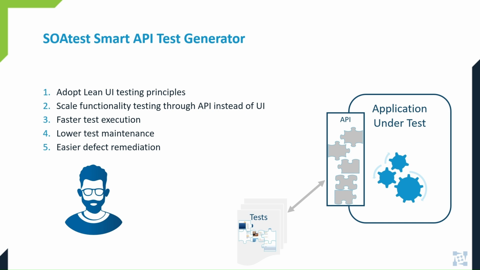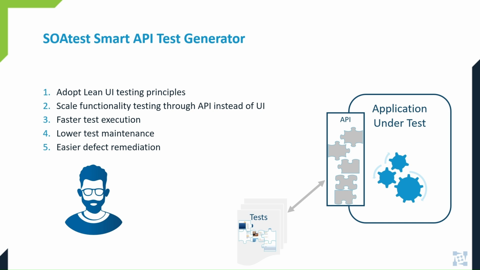Thanks for that breakdown, Ramiro. Now, this has a number of benefits when you think about how slow UI testing can be, both from an execution standpoint and diagnosing failure standpoint. By adopting what we call a lean UI testing practice, where business workflows can be tested at the API layer, you're ensuring that your test strategy is going to scale as the complexity of your system grows.